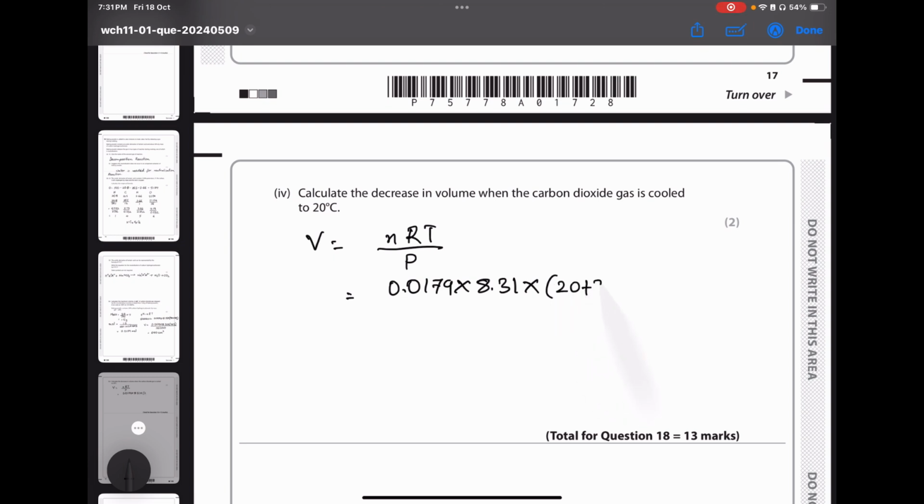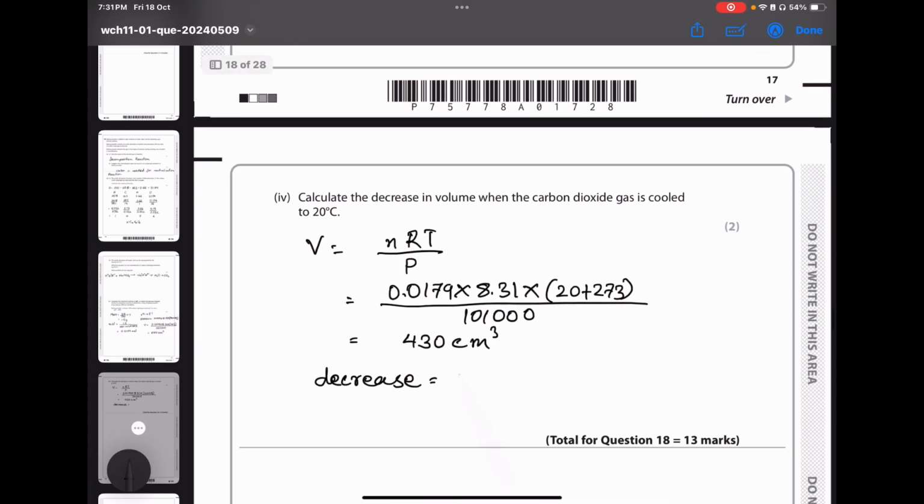So 20 plus 273 over 101,000. Now the volume comes as 430. Now the decrease in volume is going to be, previously we had 680. Now this is 430. So if we subtract, we get a value of 250.